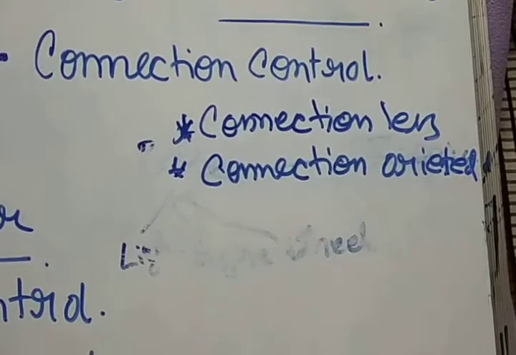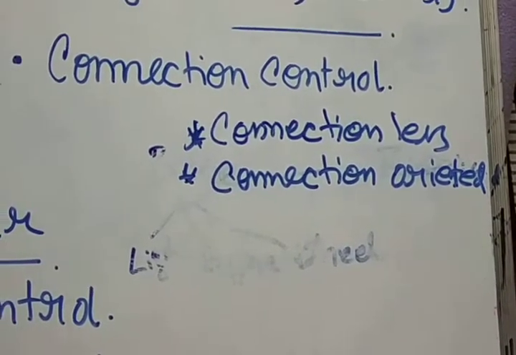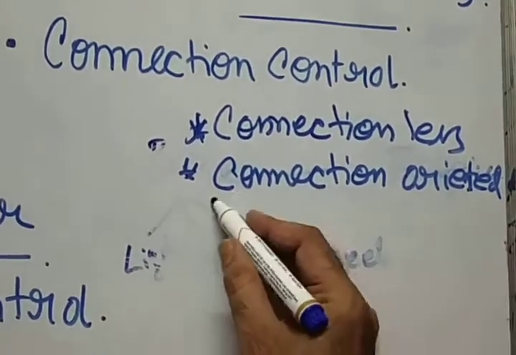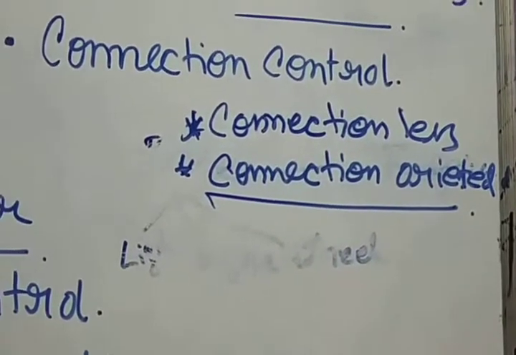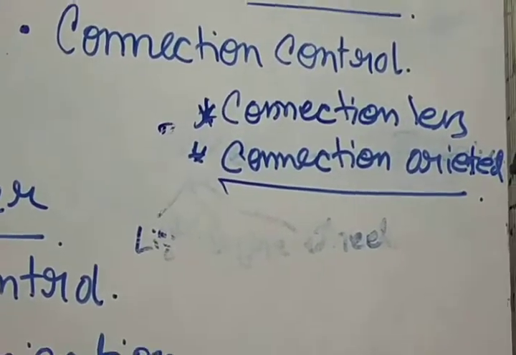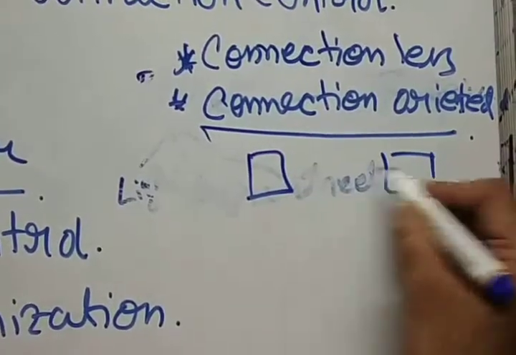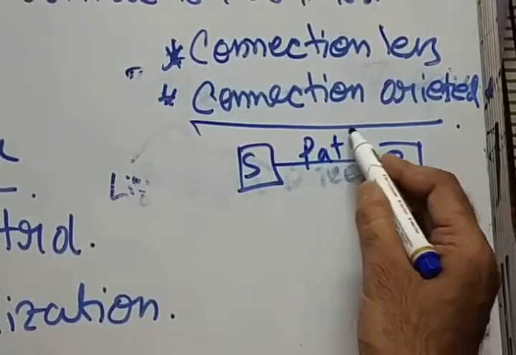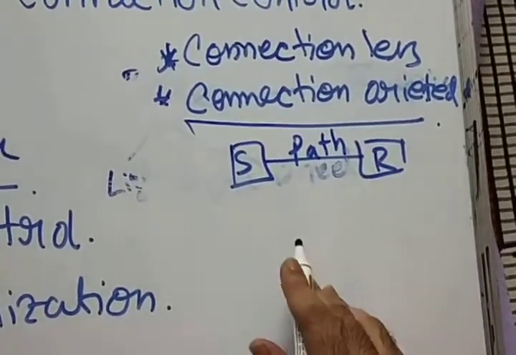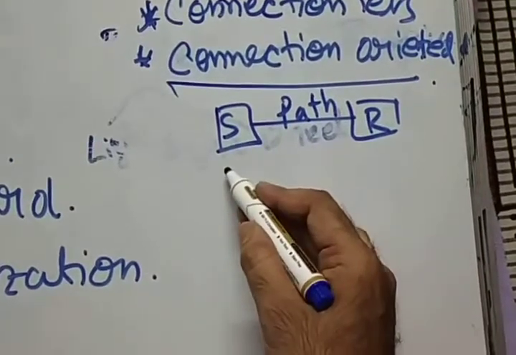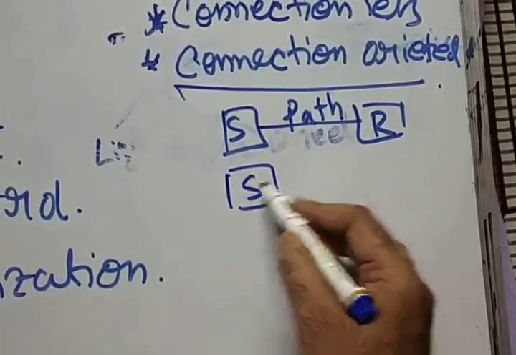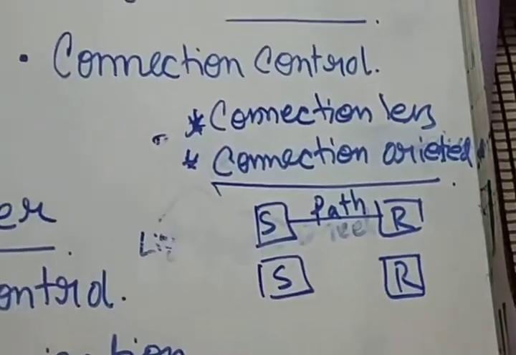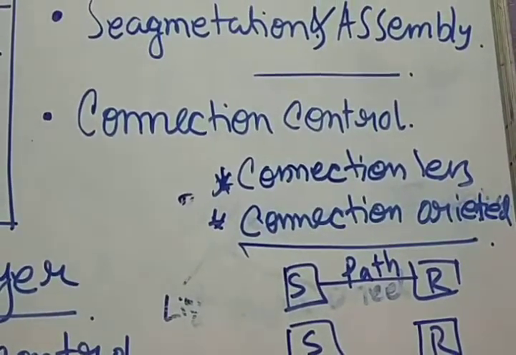The receiver is connected before the transmission, and after having the connection I send the data. That is called a connection oriented connection. That means before transmission a path has been established between the sender and receiver. Connectionless means there is no connection prior to the transmission. Whenever it wants to send, it just sends to the receiver. That is called a connectionless protocol. That connection control is done by the transport layer.